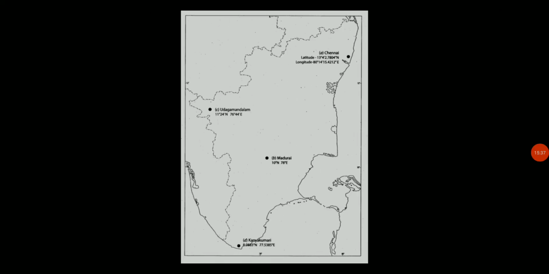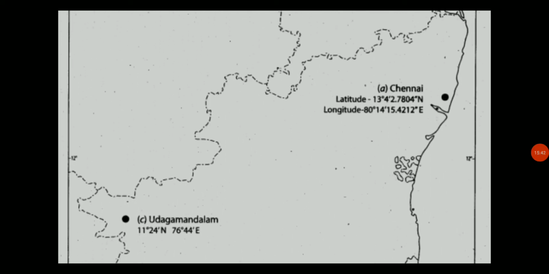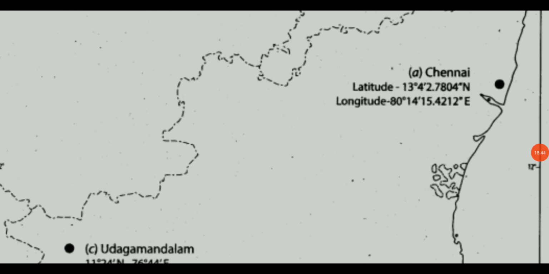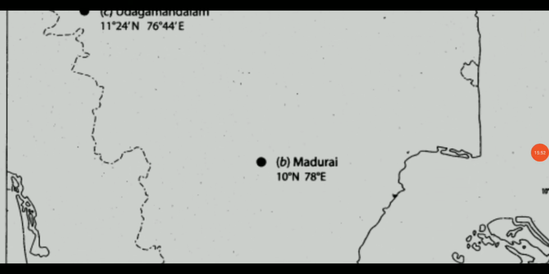So you have to take a Tamil Nadu political map. And then the first one, A, we have to mark Chennai's latitude and longitude. It is given here. Mark the point here. B, you have to mark the place where the coordinates are given. That is 10° north and 78° east is the point here, which is Madurai.